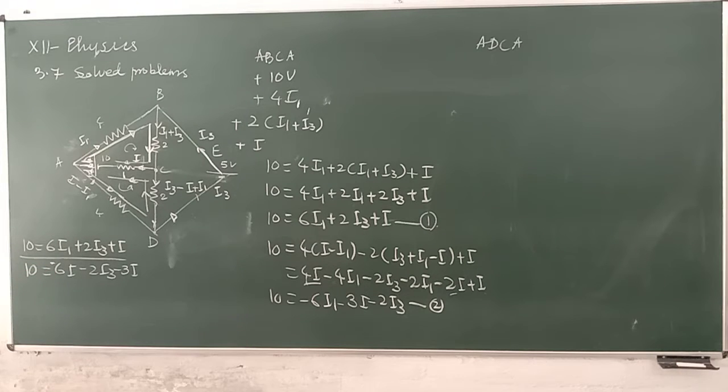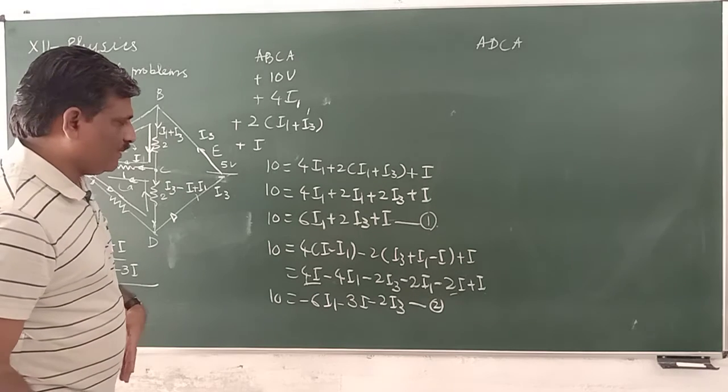If you add these two equations, simply it becomes 20. This is cancelled. This one is coming as minus 2I. When we are adding it, that is coming as minus 2I. Just let me check it.